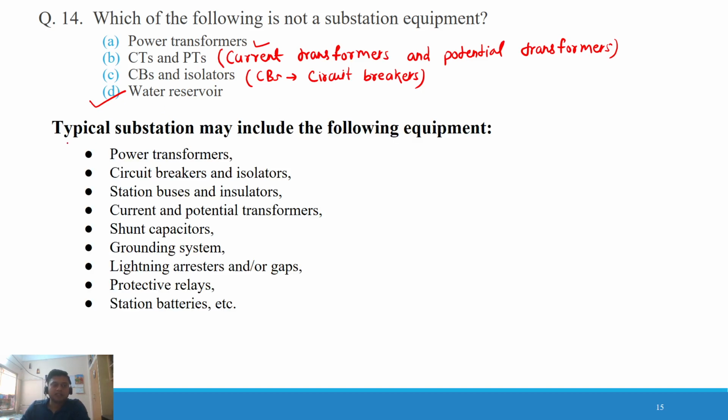So if we see, a typical substation may include the following equipment: power transformers, circuit breakers and isolators, station buses and insulators, that is bus bars, current and potential transformers, shunt capacitors for improving the power factor, grounding system, lightning arresters or gaps, protective relays, and station batteries.